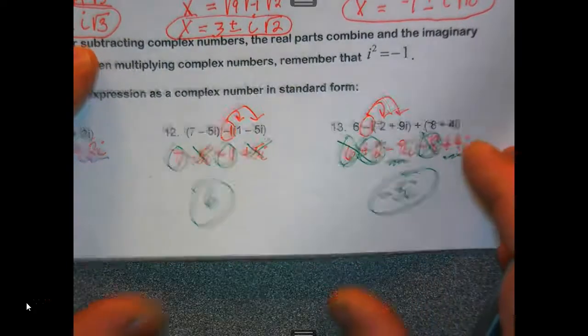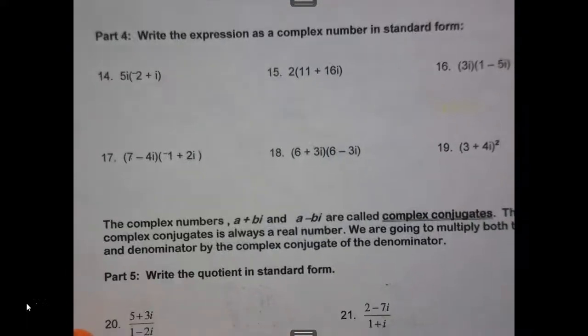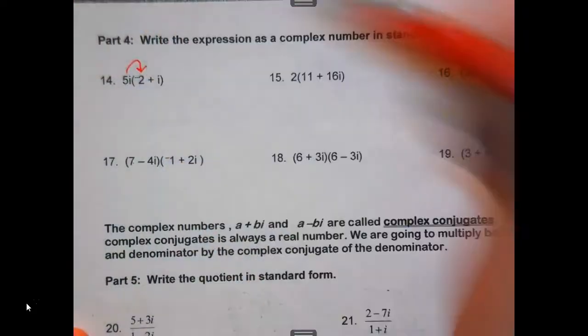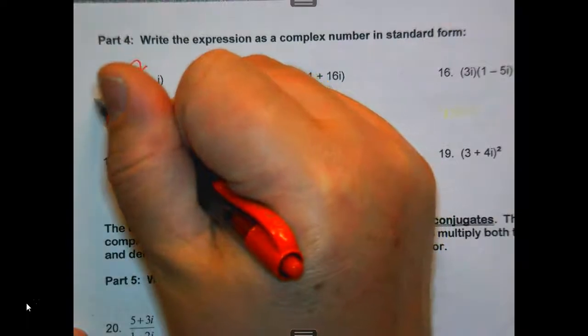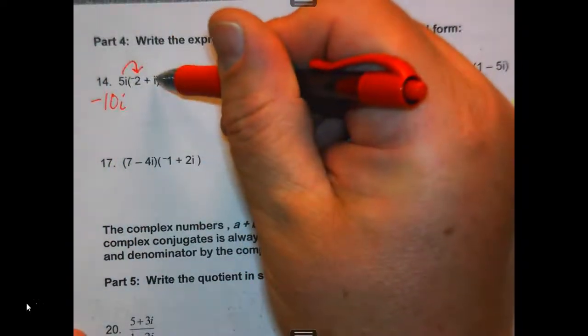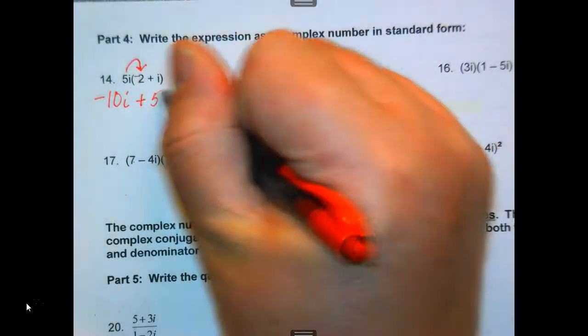Get some funner stuff, multiplication. As Bob Sager would say, turn the page. Okay, I have to distribute 5i. 5i times -2, -10i. 5i times plus 5i squared.